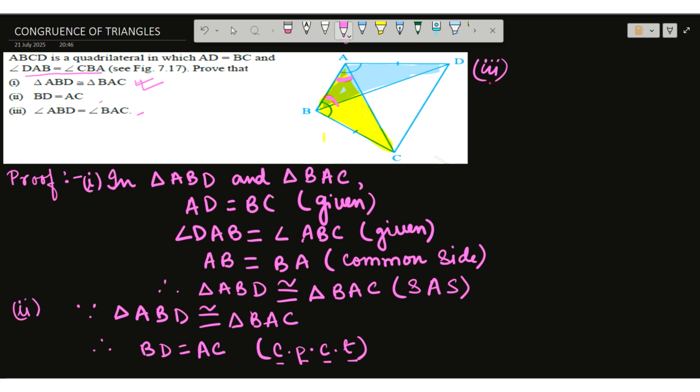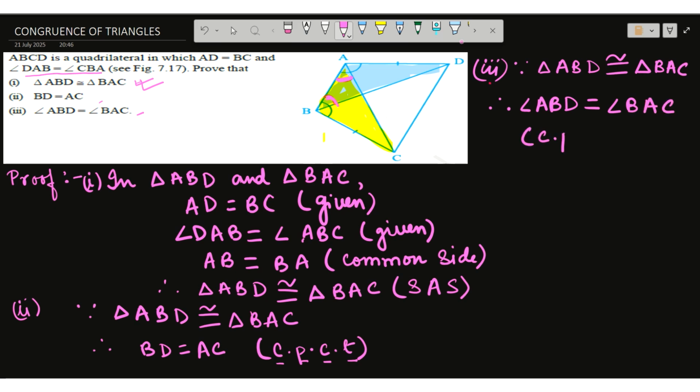So this can also be proved simply. Since triangle ABD is congruent to triangle BAC, therefore angle ABD is equal to angle BAC.